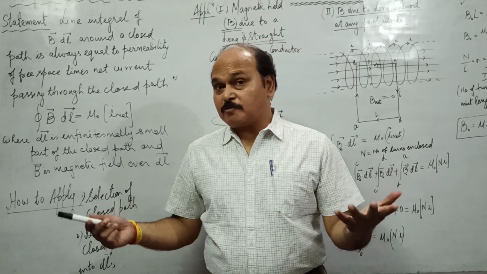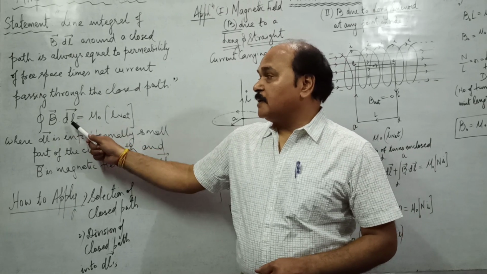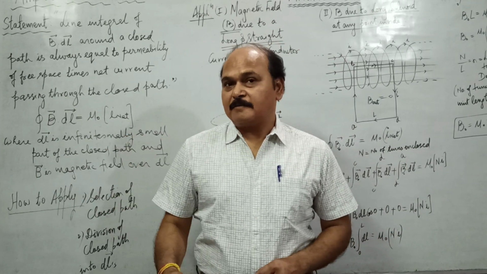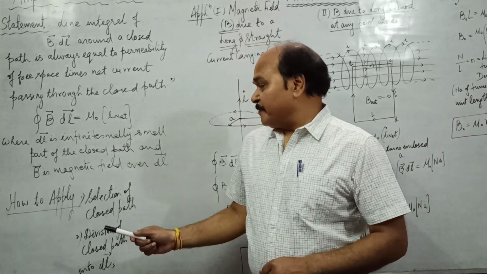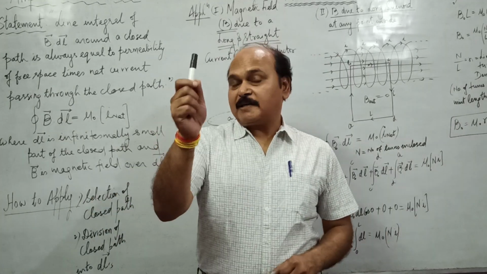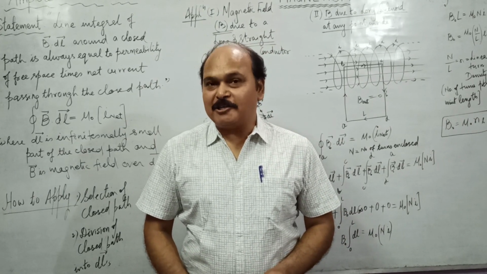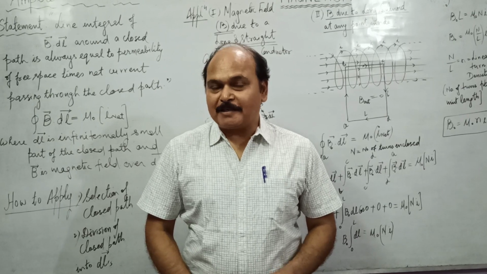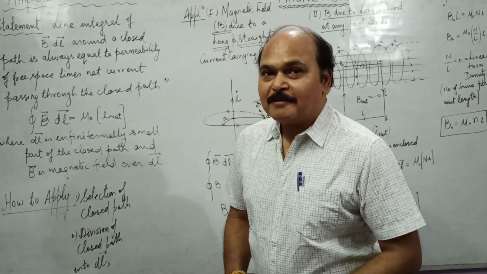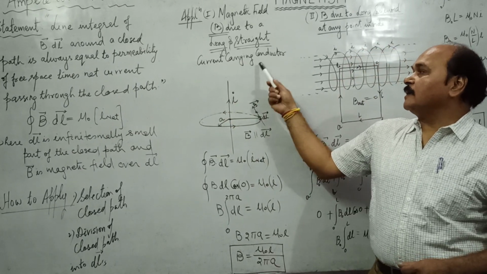The selection of the closed path should be such that we are able to find out B dot dl all along the closed path. After selection of the closed path, we divide the whole closed path into an infinite number of infinitesimally small elements dl each.